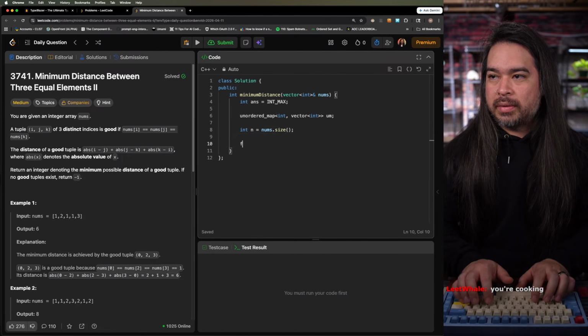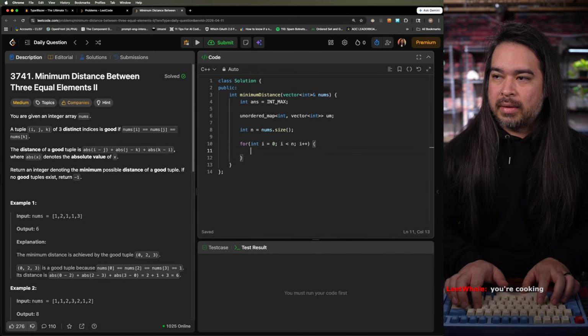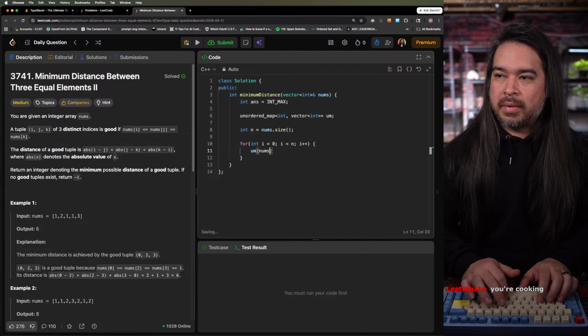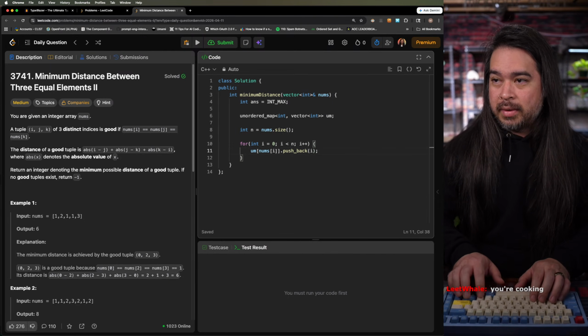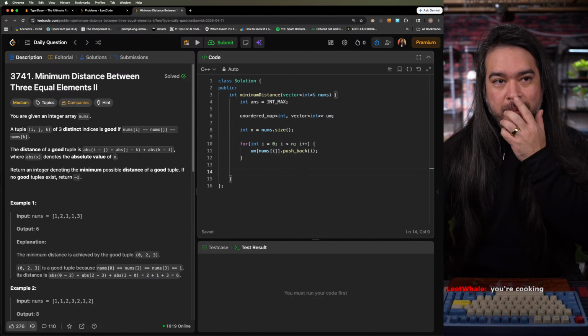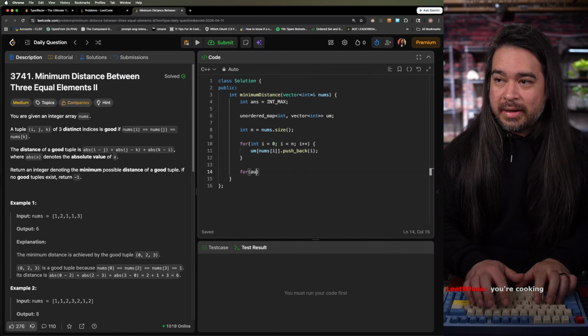So now I iterate through each index, I put it in the map, and then I push back the index i. And then I guess I'll iterate over that map.